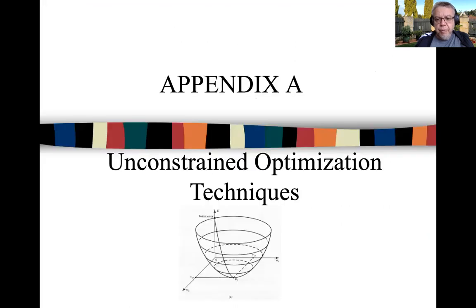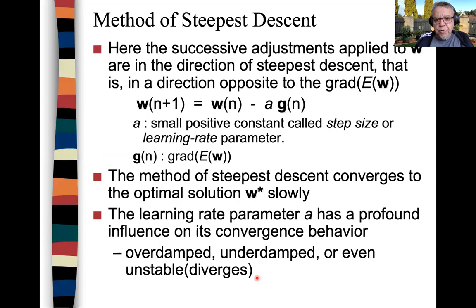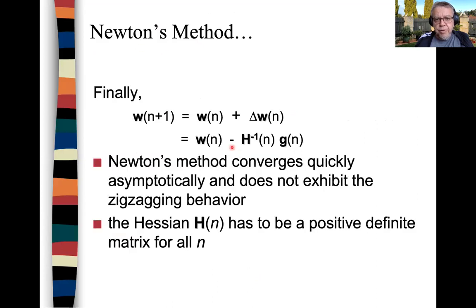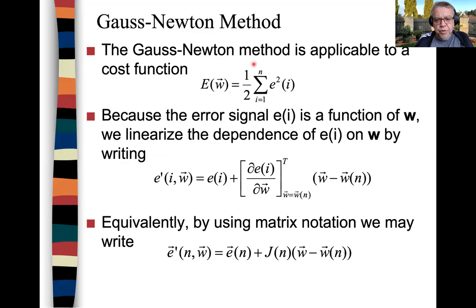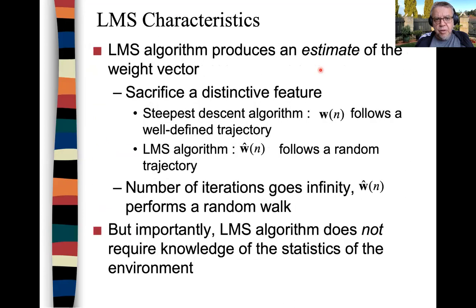Now I have some appendices here with the notes where, for a given cost function, I was just trying to find the learning rule, applying different optimization techniques: the Newton method, the Gauss-Newton method, and the linear least squares filter, the LMS algorithm.